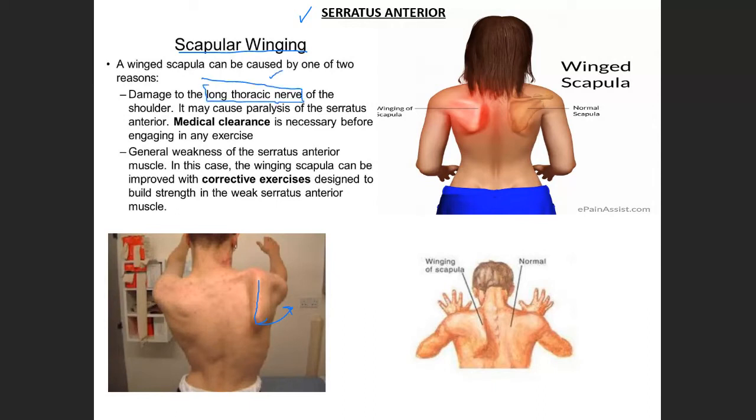So the long thoracic nerve innervates the serratus anterior muscle, and if that's injured by any reason, it's going to cause this condition called scapular winging. So generally, it's treated with corrective exercises designed to build strength in that weakened serratus anterior muscle.